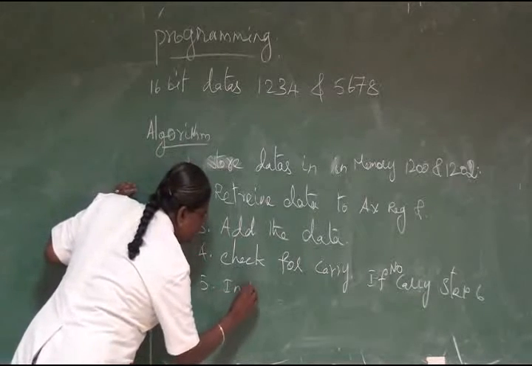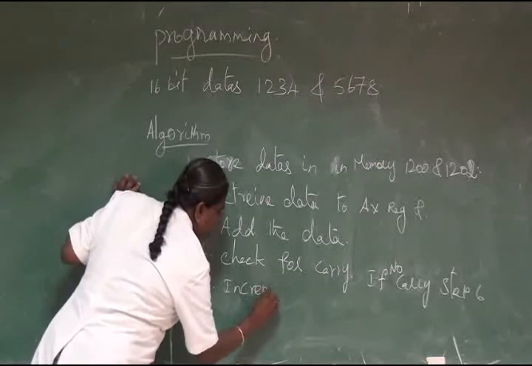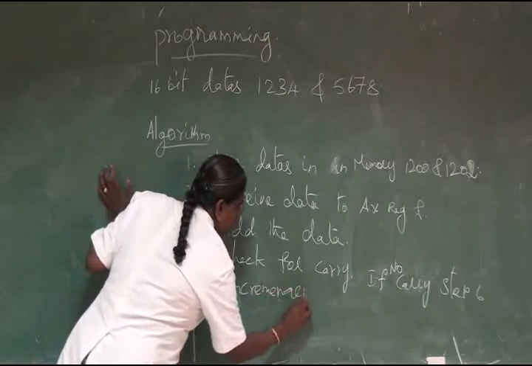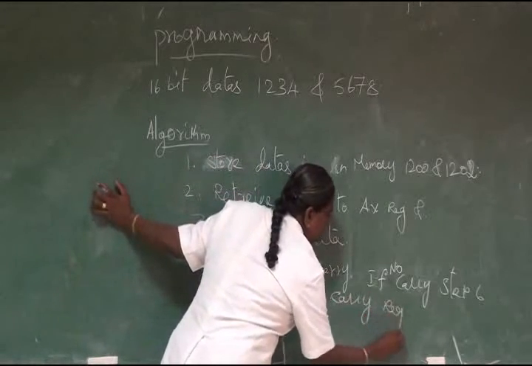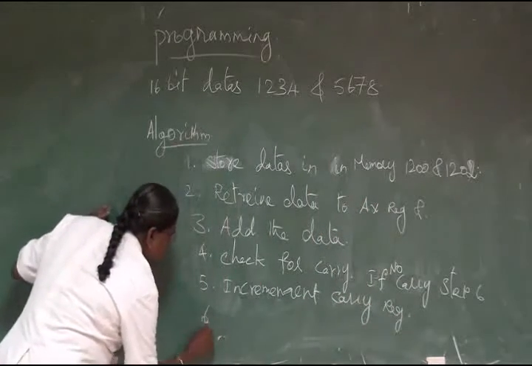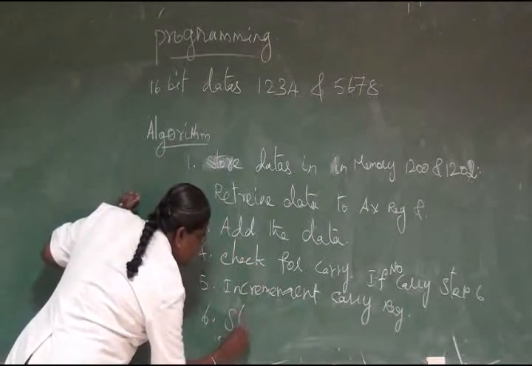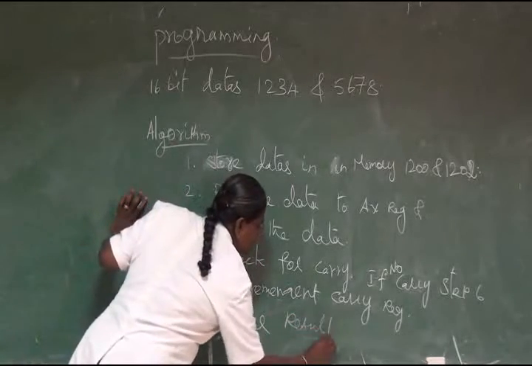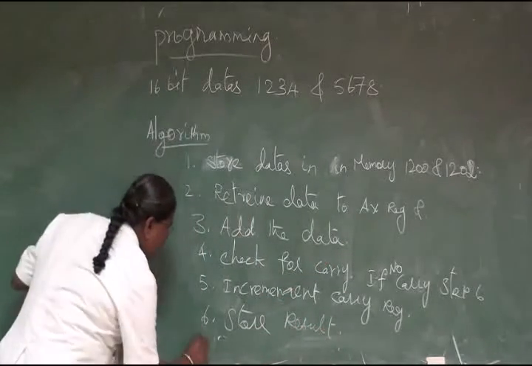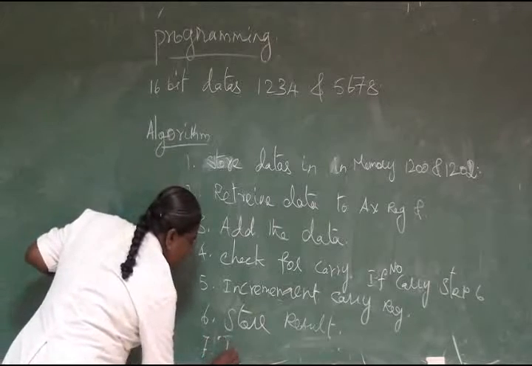So increment carry register. Then the sixth step is store the result. And finally we have to terminate the program.